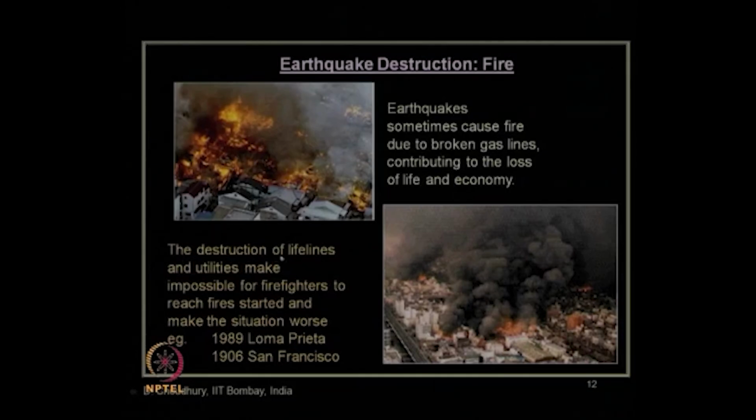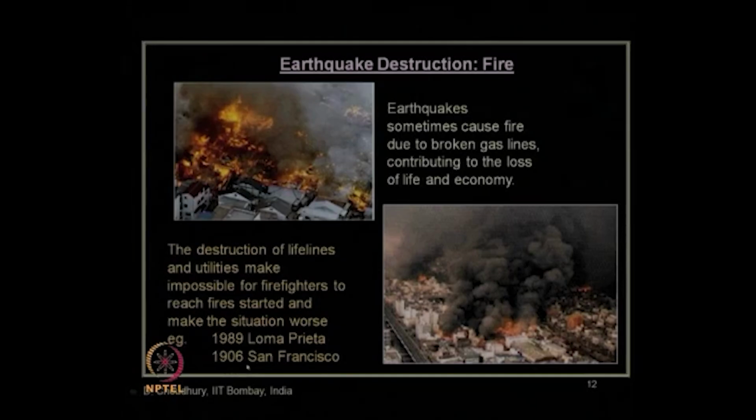So, the destruction of the lifelines and utilities makes it impossible for the firefighters to reach the fires that started and makes the situation much worse. You can see the example in this picture, like the 1906 San Francisco earthquake in California, US.